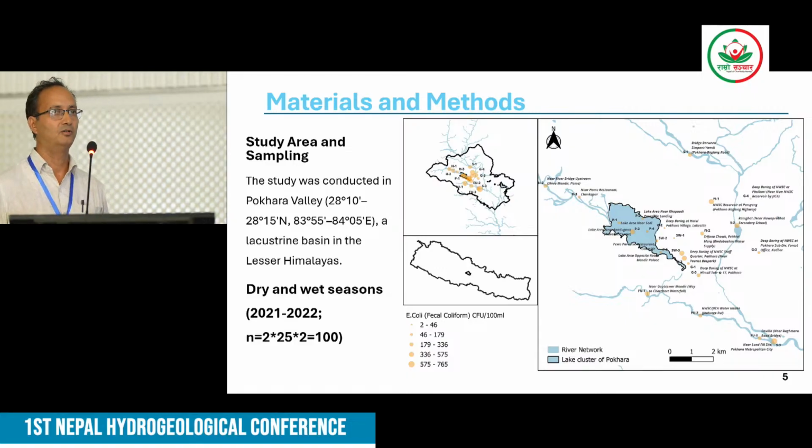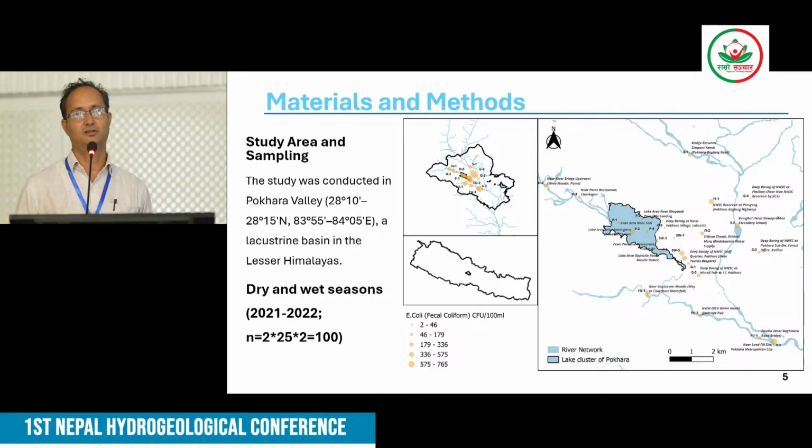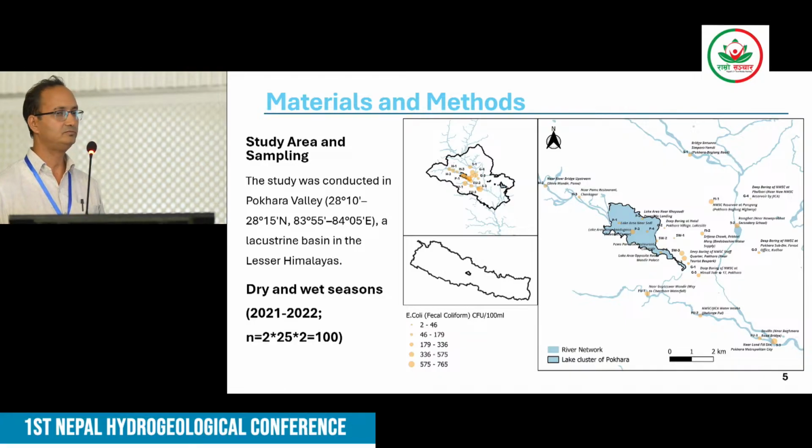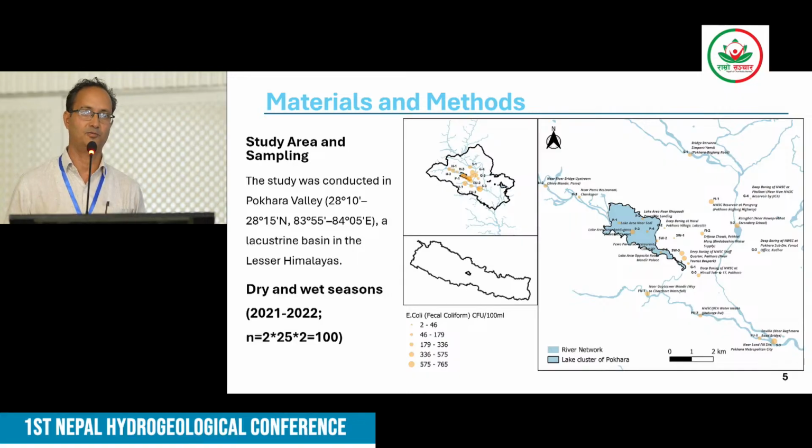And we had 4 rivers, Seti, Harpan, Fusre, and Furke rivers, with 3 sampling points from upstream to downstream. And the lake was Fewa Lake. We had 5 sampling points.